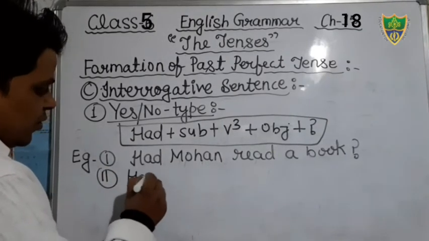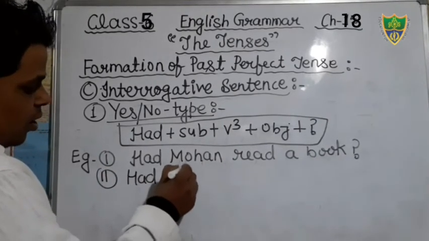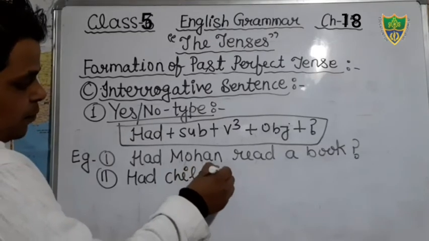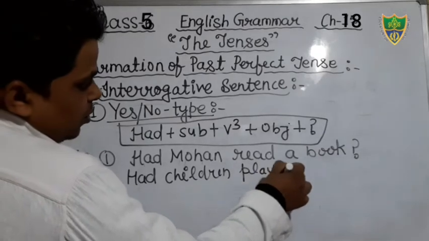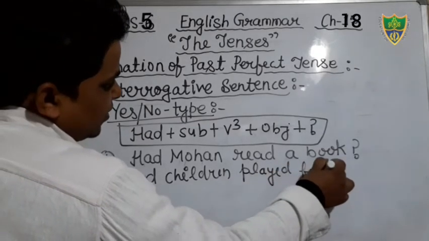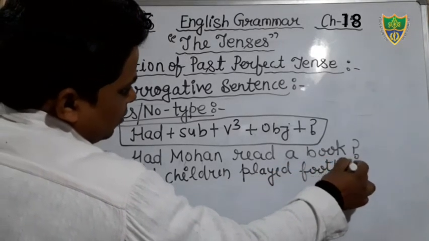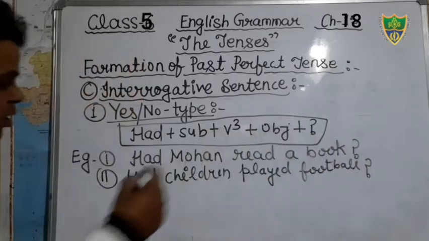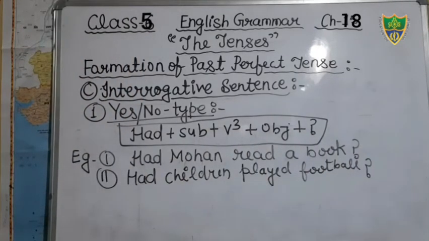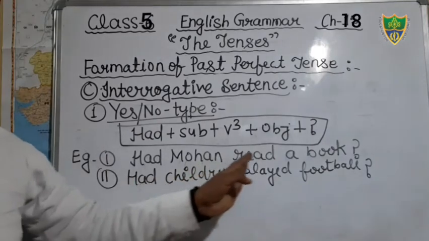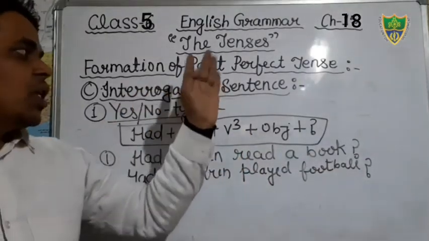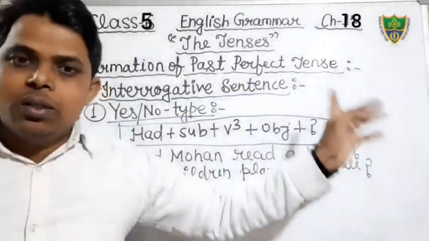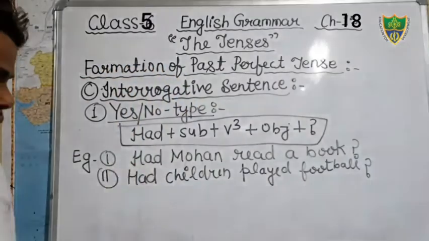Had children played football? Question mark. You can see that is another sentence. Had children played football? That is also your yes/no type interrogative sentence of past perfect tense. Okay students, so write it.